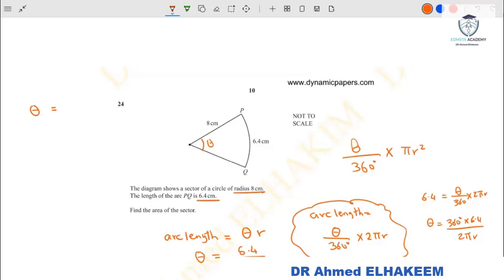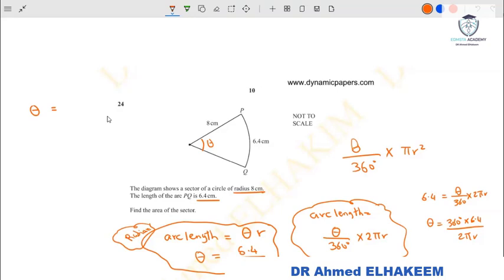Degree. 360 times 6.4 over 2 pi. R is 8? Yes, the radius is 8.